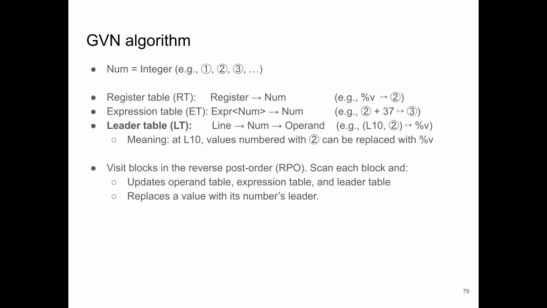So it means that at line 10, if an instruction or operand is numbered with number 2, then we can safely replace them with %v, because %v is the leader value at that particular line for this particular number. So from now on, we can safely use %v in place of the values of number 2. So that's the meaning of this leader table.